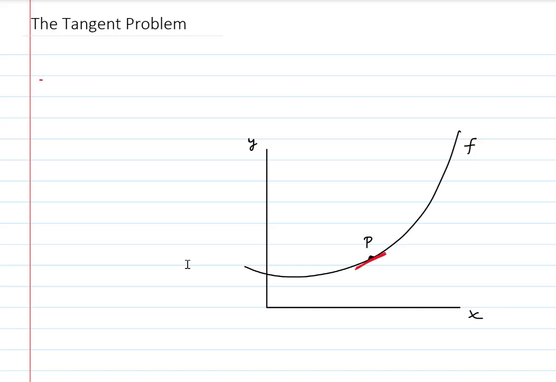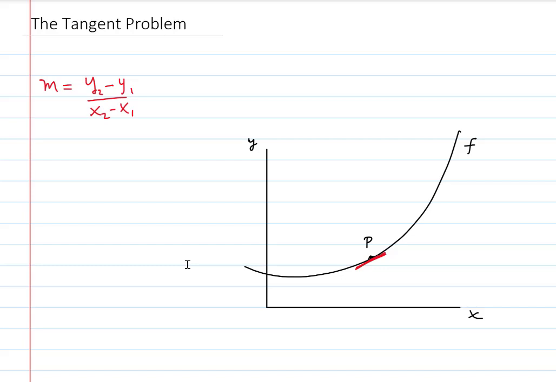The slope of a line is equal to y2 minus y1 over x2 minus x1, where x1 comma y1 were the coordinates of the first point, and x2 comma y2 were the coordinates of the second point. That was pretty straightforward to do in pre-calculus if you had 2 points on the line.